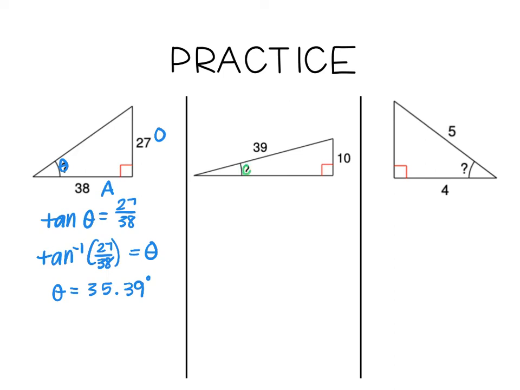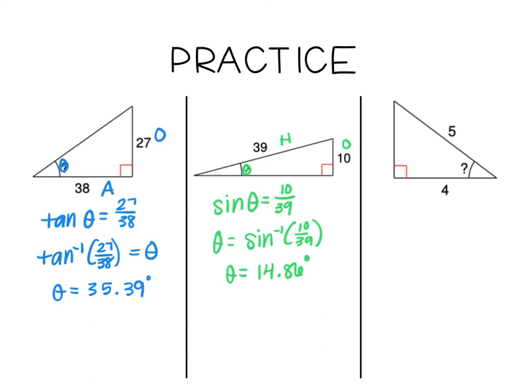In our second example, we have an opposite and a hypotenuse, so that's going to be sine. Sine of theta equals 10 over 39, so theta will equal the inverse sine of 10 over 39. Theta equals approximately 14.86 degrees. Again, that's rounded to the nearest hundredth, so it's not exact; it's approximately that many degrees.